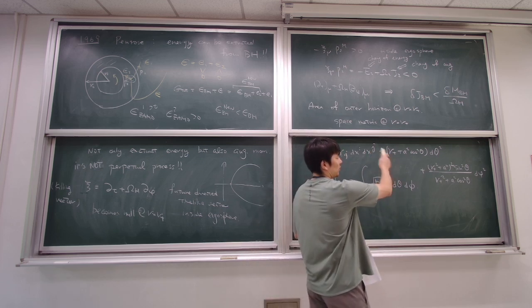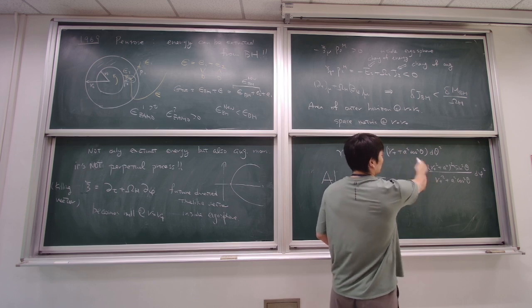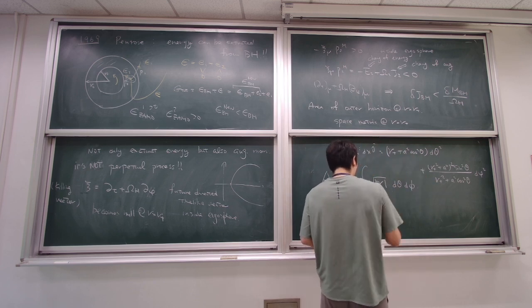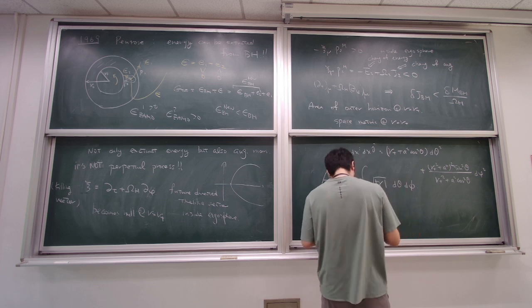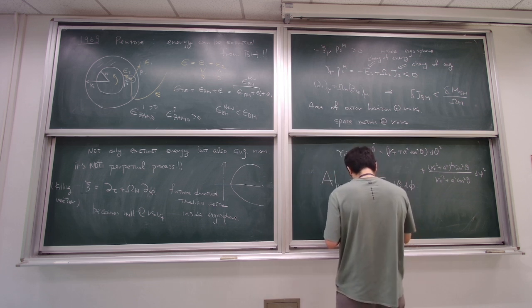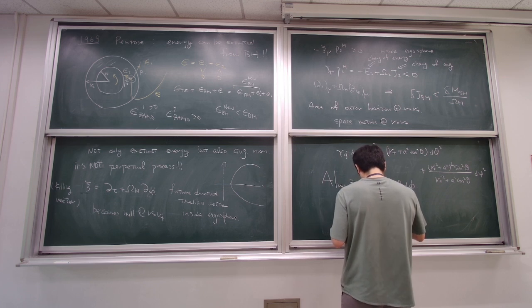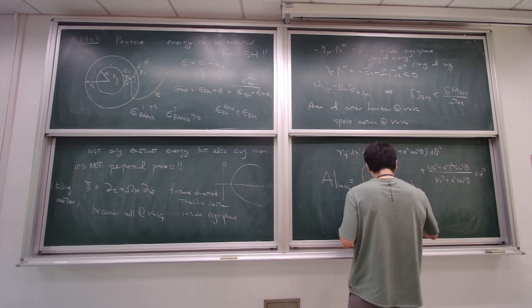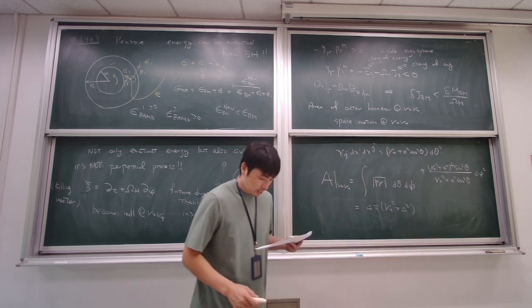Just take the determinant, multiply these factors, take a square root and integrate over. And what you get is as follows: 4 pi (r plus squared plus a squared).